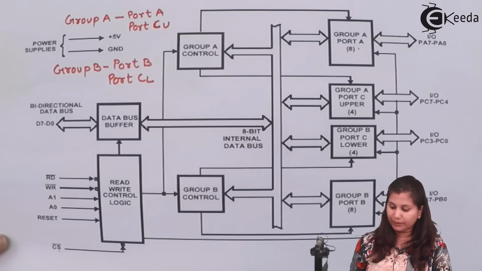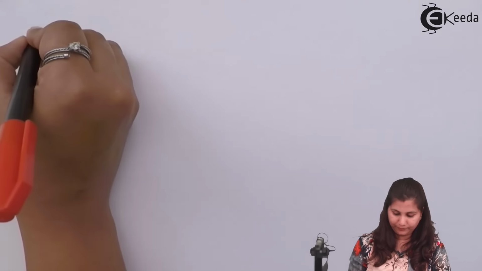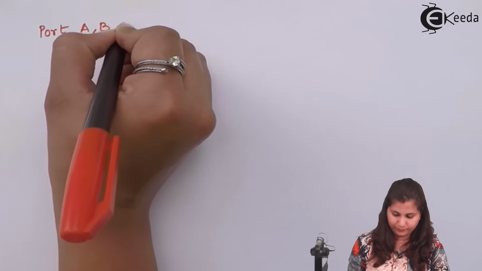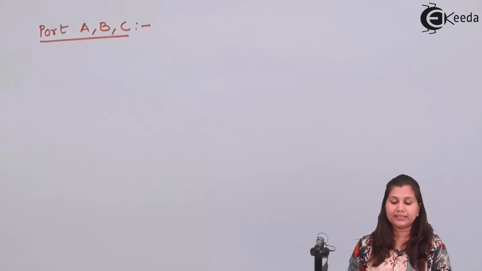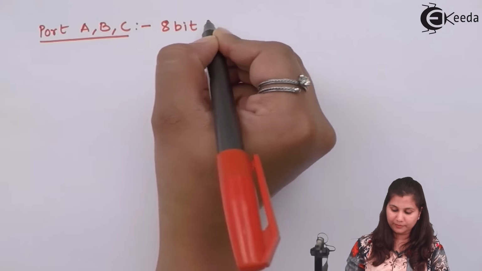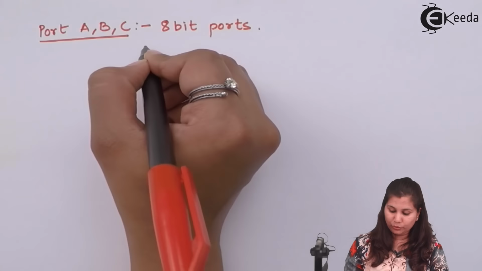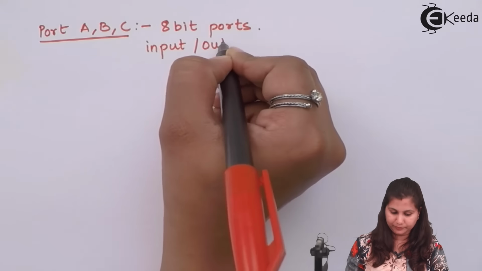We will start with ports A, B and C. As we have studied earlier, these ports are 8-bit ports, and they can be used as either input port or output port.